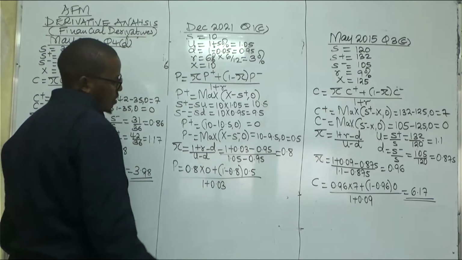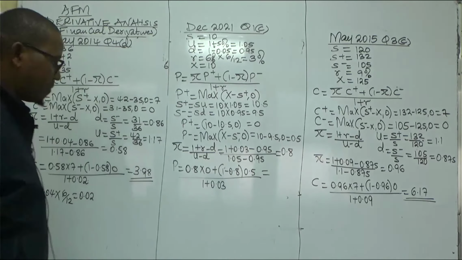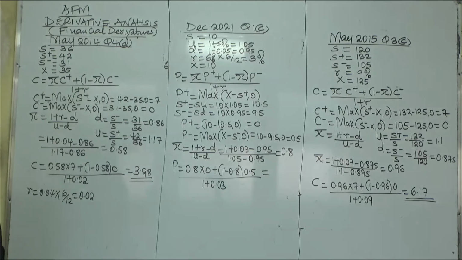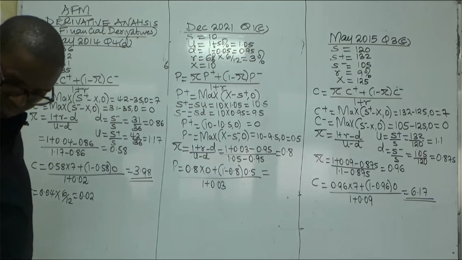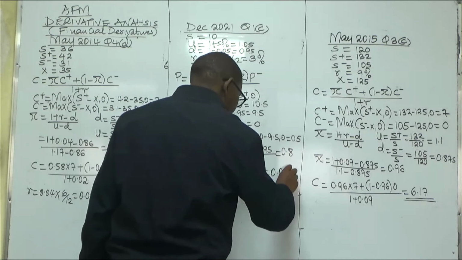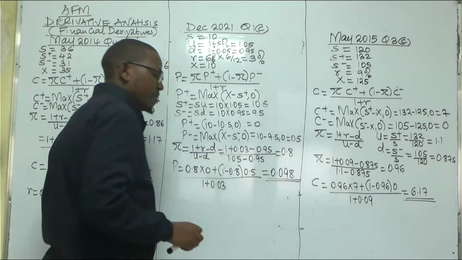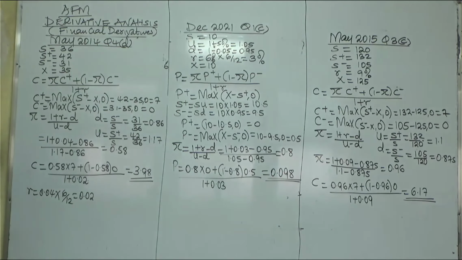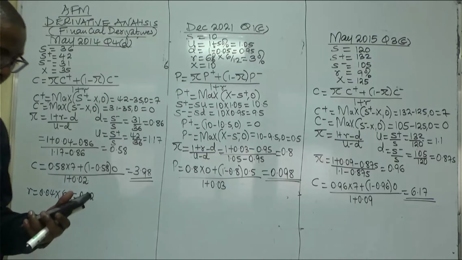That gives you 0.098. That is how it gives you the value.